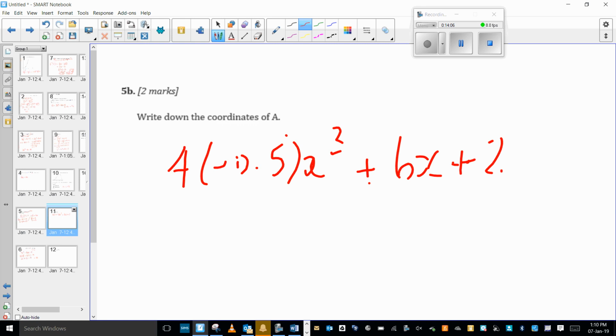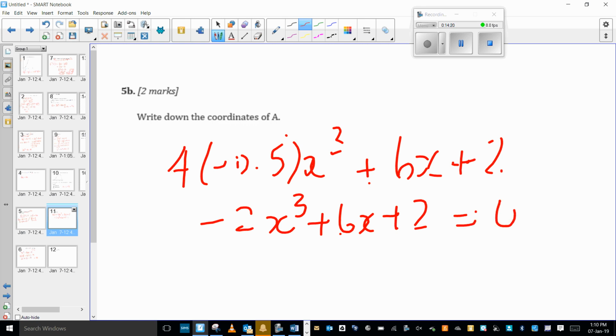So 4 lots of negative 0.5 is negative 2x cubed, plus 6x plus 2. That's our derivative, and it's equal to 0 for maximum and minimum points.